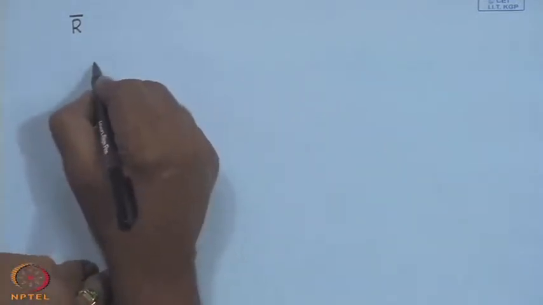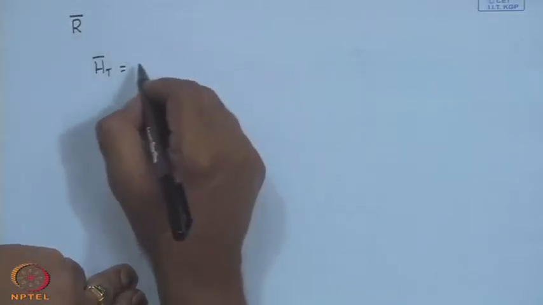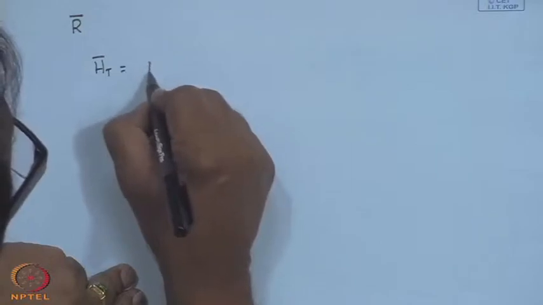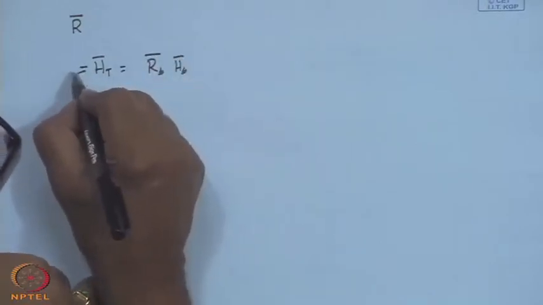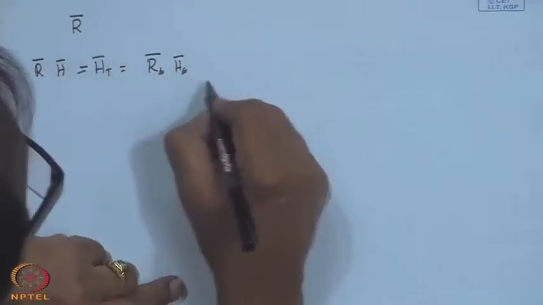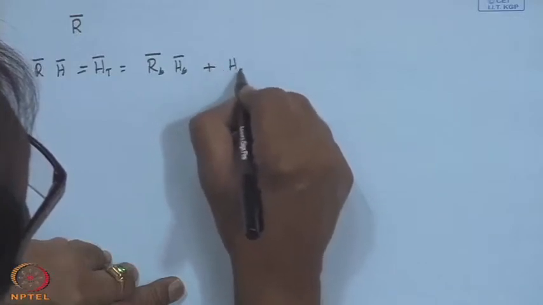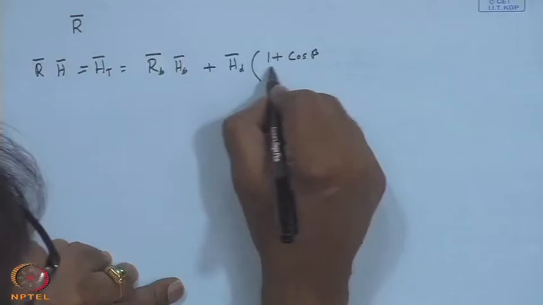and your R bar for the entire radiation, if you have H t bar equal to, we actually do not need this except later on we may, R b bar H b bar, which is R bar H bar for the sake of completeness, plus H d bar times 1 plus cos beta by 2.